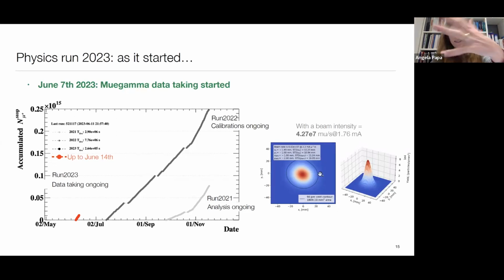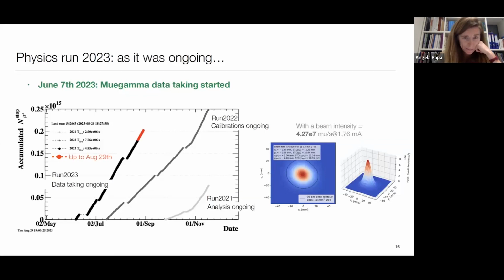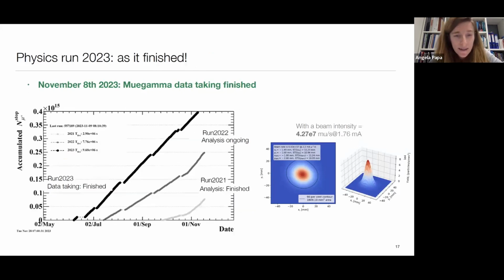This is just an idea of how our beam looks at the center of the main magnet, where the muons are stopped, and then the positrons, and eventually the mu to e gamma process is produced. This was in the middle of the run, roughly end of August, and you can appreciate the difference in the derivative of the accumulated muons with respect to the previous year, and this is how it ended up last week.